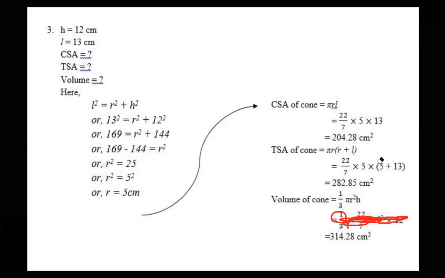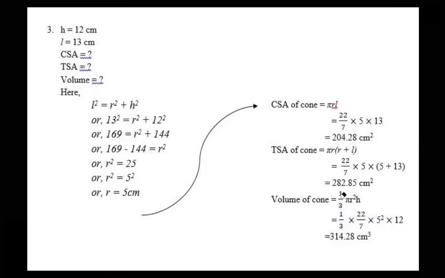Otherwise, use the bracket sign in the calculator. 5 into bracket 5 plus 13, whatever is shown on your screen. Do the calculation the similar way, and when you multiply and divide, you will get this as the answer.